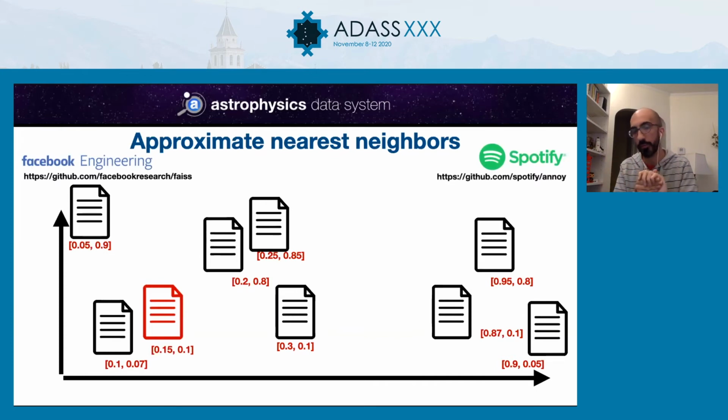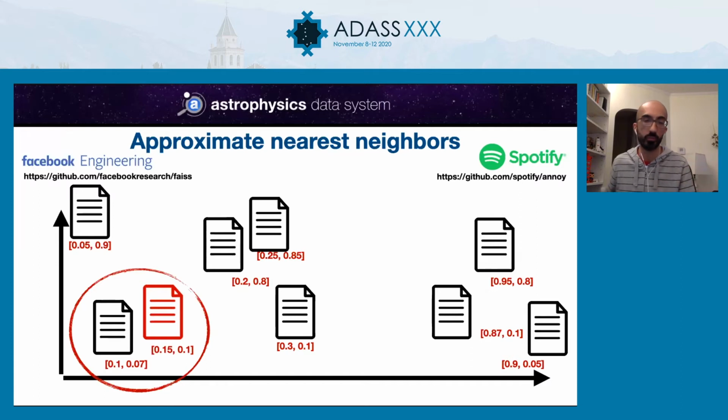We tried both of them, and both work pretty well. By having this vector and using these algorithms, we can very easily and very fast scan a large amount of data and identify what other papers are nearby. So this is going to allow ADS to do a faster and better classification of new articles.